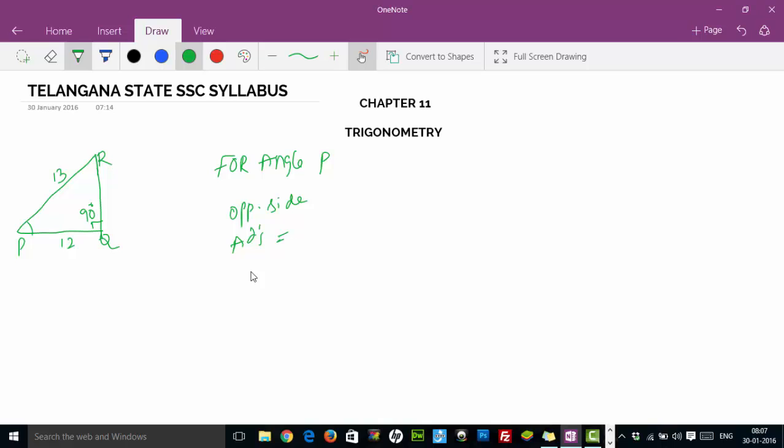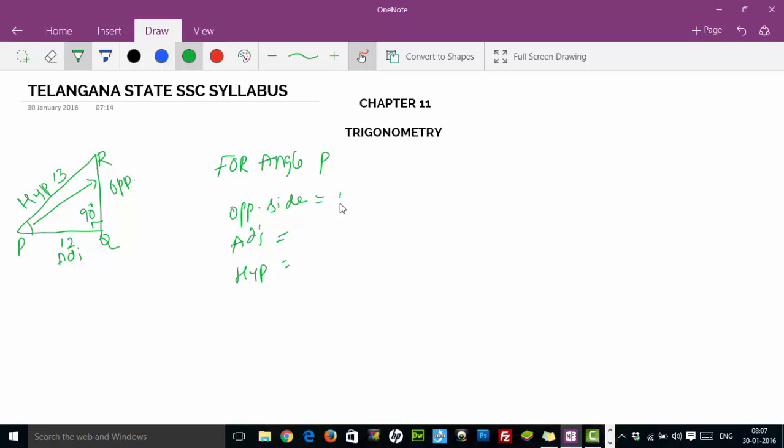Now if you see here, the side opposite to angle P is QR. So this is the opposite side. QR is the opposite side, and the slant line, which is the longest side in a right triangle, is known as hypotenuse. So the hypotenuse here is PR, and the side adjacent to the angle P is the adjacent side.